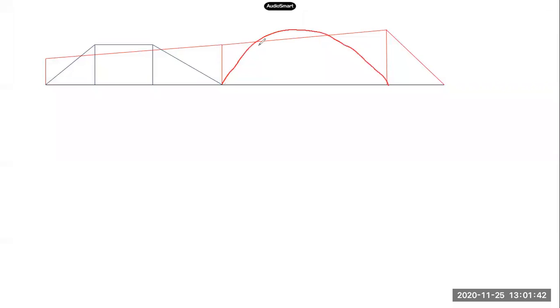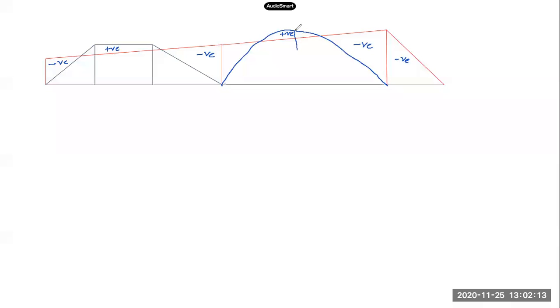So this is the diagram. Here the moment is negative, hogging is negative. Here also hogging is negative. This is positive, sagging is positive.